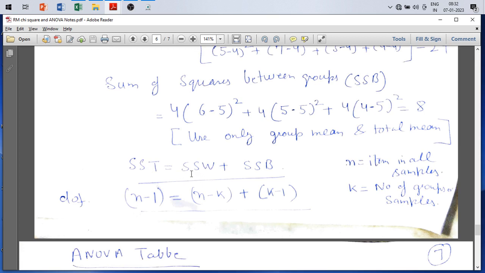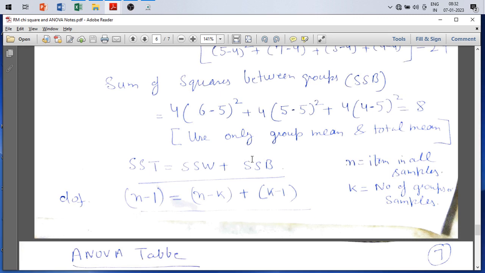One is within the group, and other is between the group. Now, within the group is, you can say, due to the random factors. The variation within the group is due to random factors, and the variation between the groups is due to difference in variety.